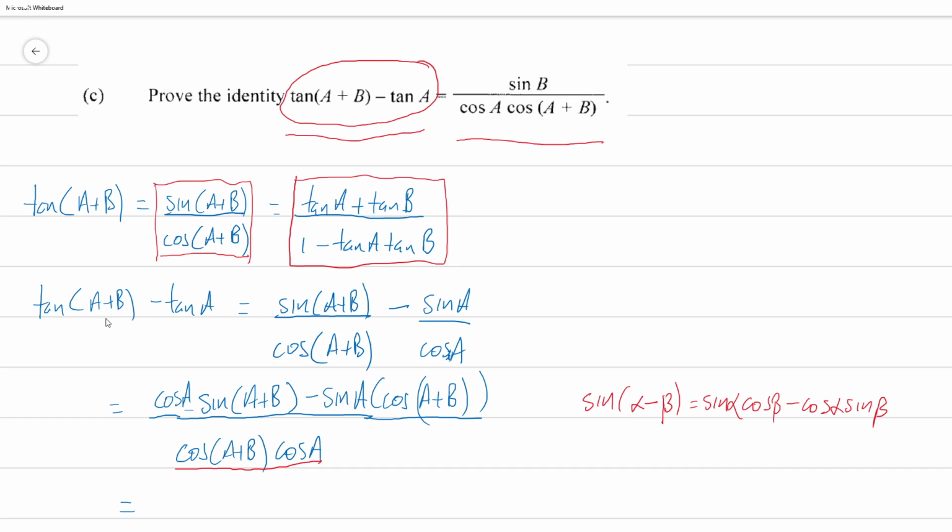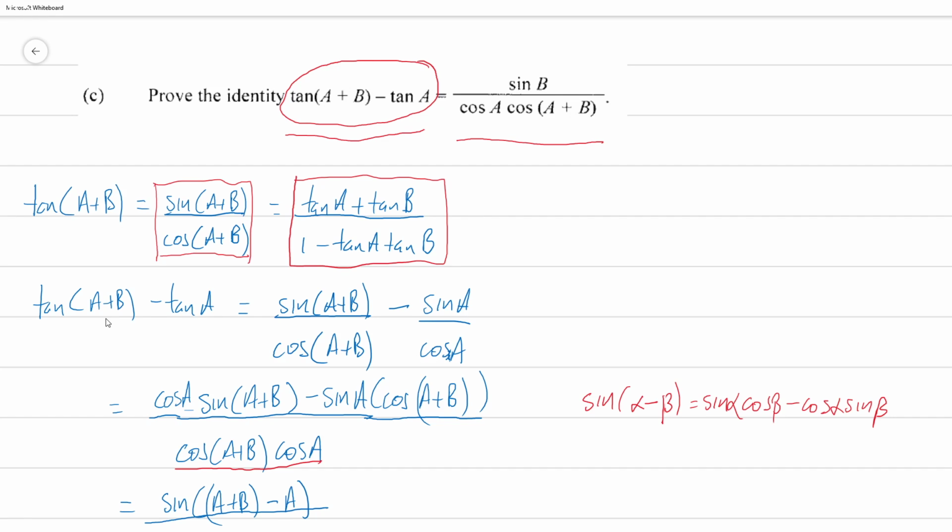So you have the cos of a, and then you have the cos of a plus b. Then you have the sine of a plus b, and then you have the sine of a. So this top numerator could be simply written as sine of a+b minus a, and then we have the denominator, which is cos(a+b) cos a.